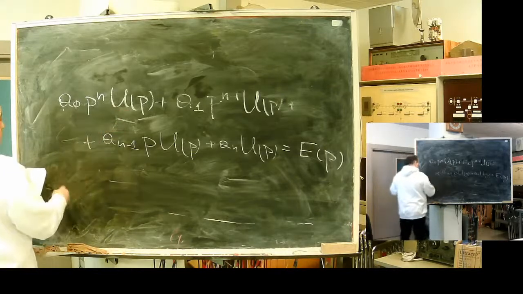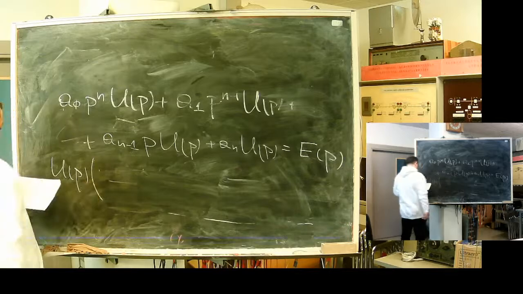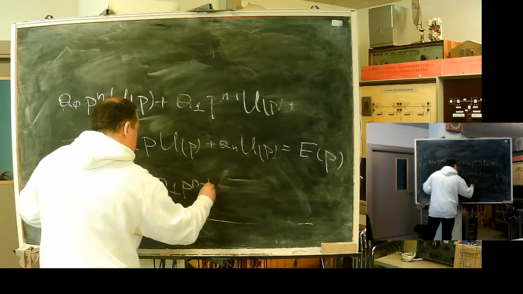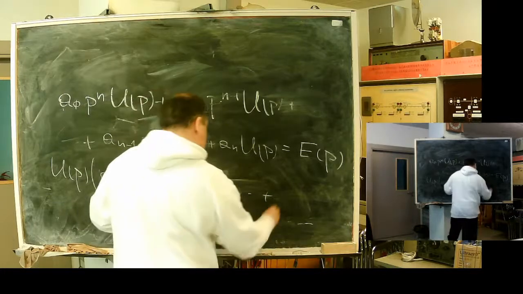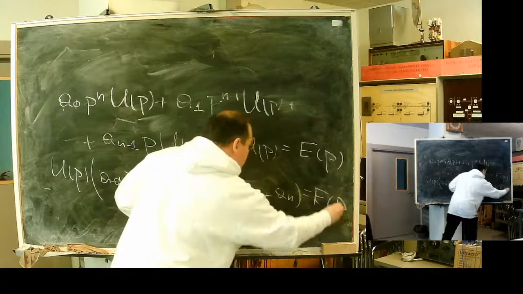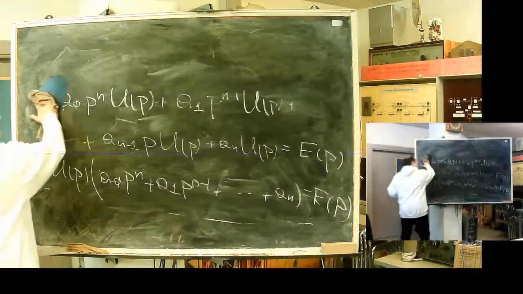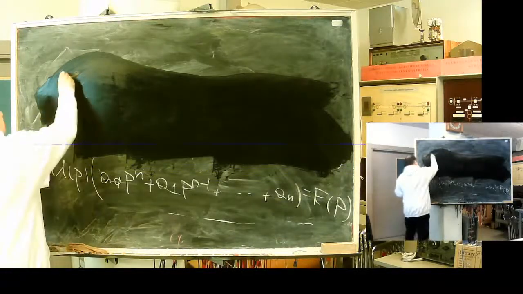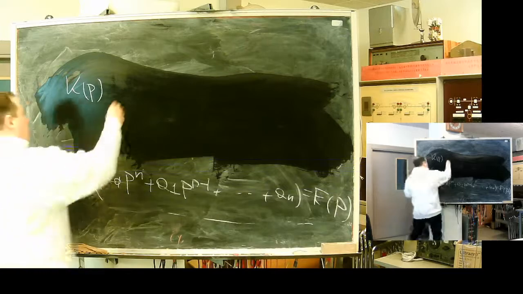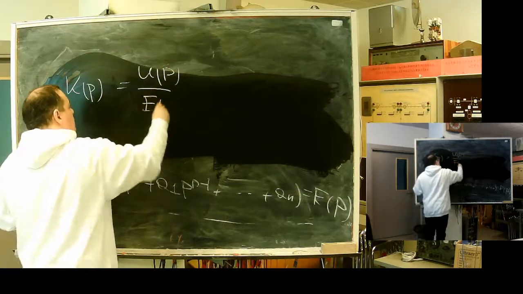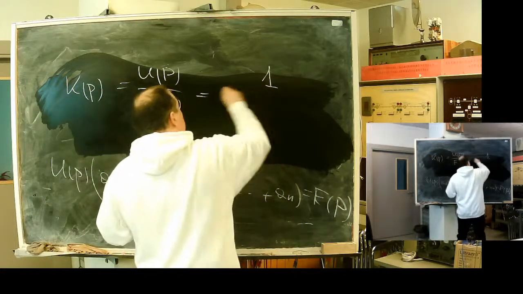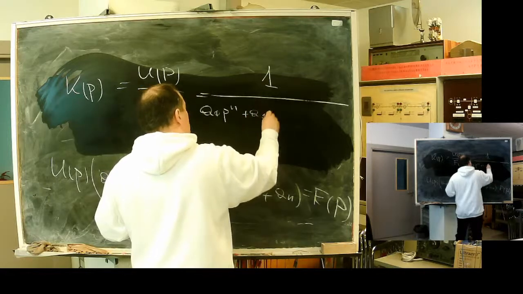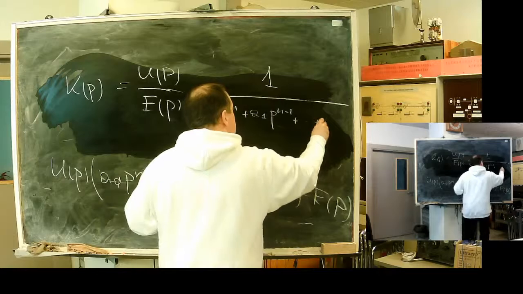So, collect all the voltage terms and you will have the image of u multiplied by A0 p^n plus A1 p^(n-1) plus ... plus An, equals the image of E. Meaning the transfer function equals 1 divided by A0 p^n plus A1 p^(n-1) plus ... plus An.